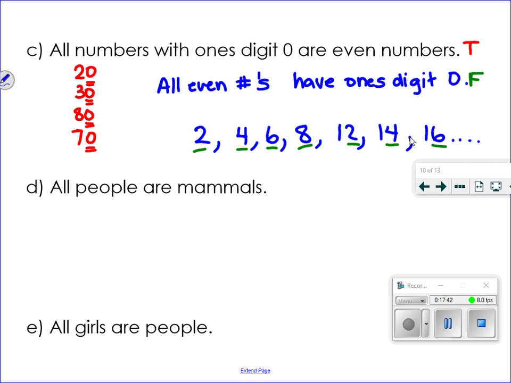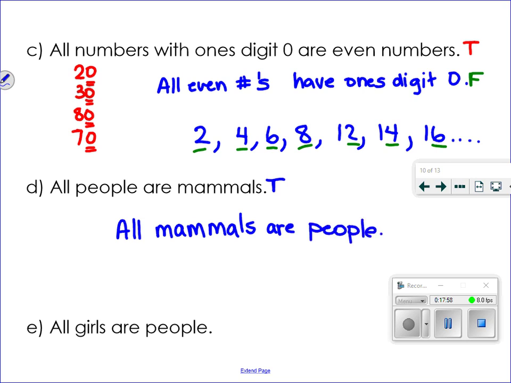What about D? All people are mammals. Well, that's true. We are all mammals. The reverse of this? All mammals are people. Is that true?